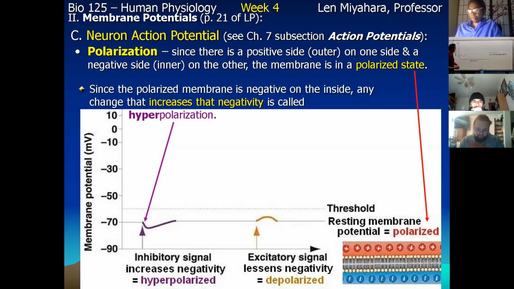But since to fire an action potential we must reach threshold, if it is more negative, hyperpolarization is inhibitory. Why? It's further away from threshold.